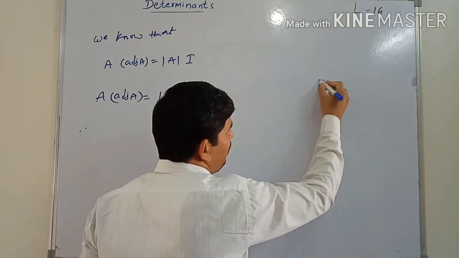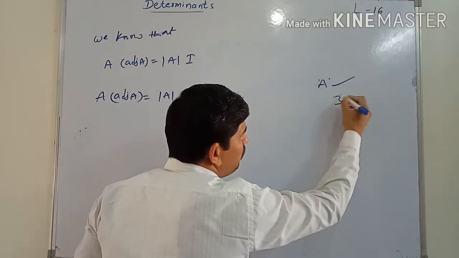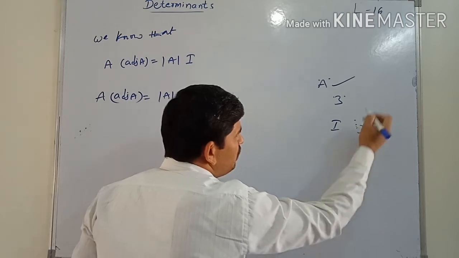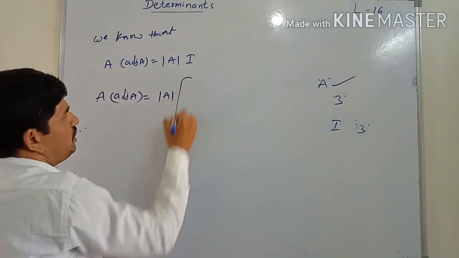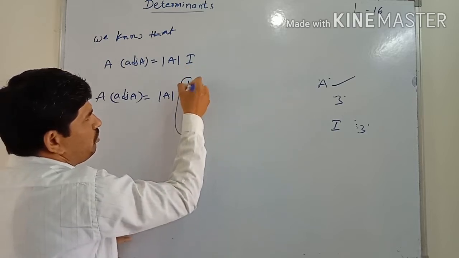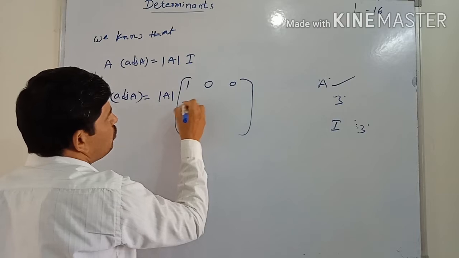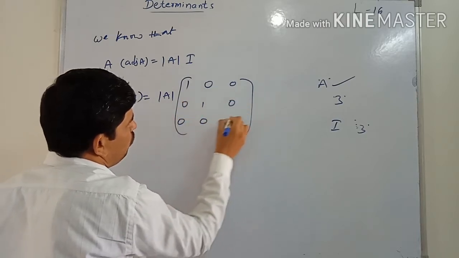Suppose A is a matrix of order 3, so the identity matrix I is also of order 3, that is 1 0 0, 0 1 0, 0 0 1.